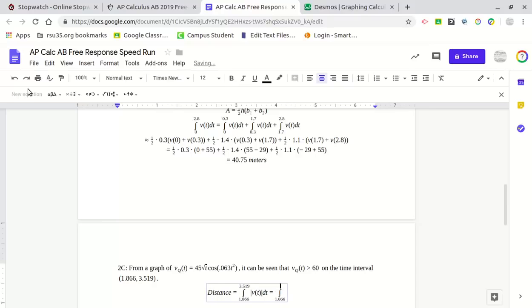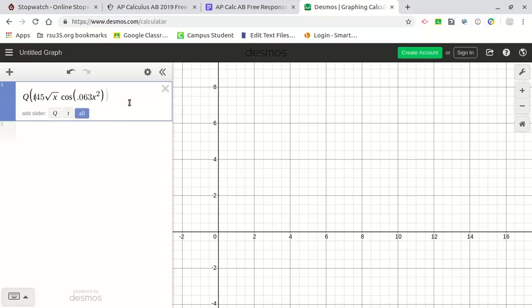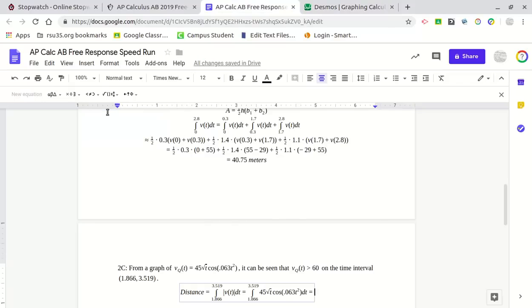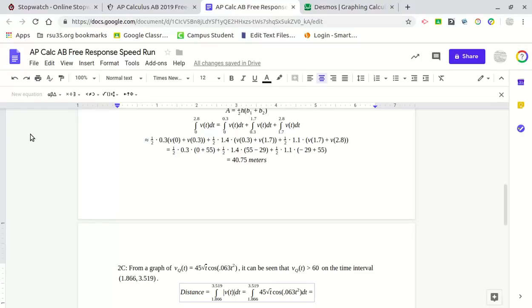So the integral from 1.866 to 3.519 of 45 square root t cosine of 0.063 t squared dt is, if I say this is q of x, and then I can take the numerical integral again, 1.866 to 3.519 of q of x dx, 106.1092 meters.